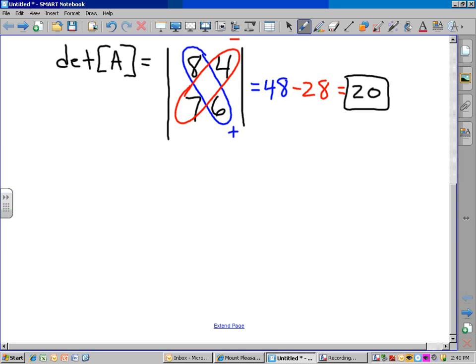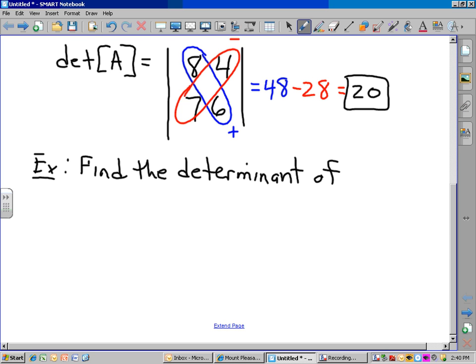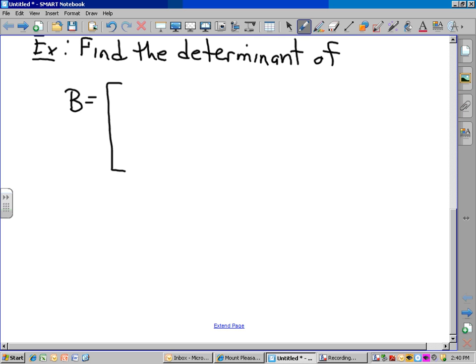For a 3 by 3, find the determinant of, call this matrix B, negative 4, negative 6, 2, 5, negative 1, 3, negative 2, 4, negative 3.